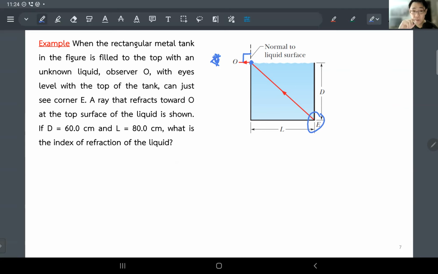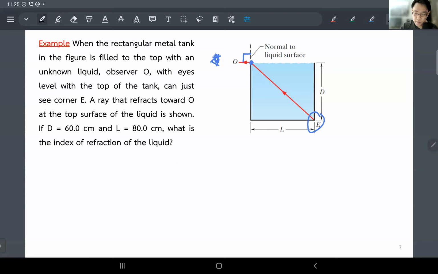Cool. So it doesn't matter, right? Your eyes will see the corner of the tank anyway. So if the D and the L, the dimensions of the container, are given, what is the index of refraction of the liquid here? Okay, so how do you do this one?